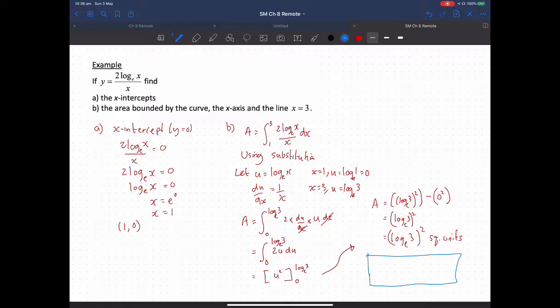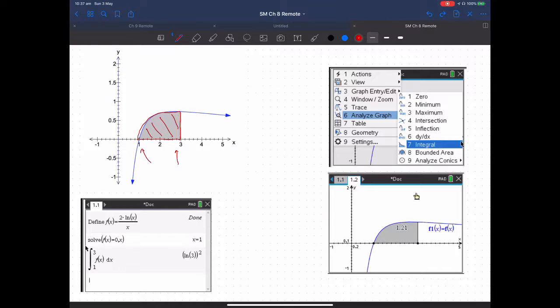If you're interested, it is approximately 1.207 square units. Returning back to our graph, the area that we've found is equal to log e of 3, all squared, square units.